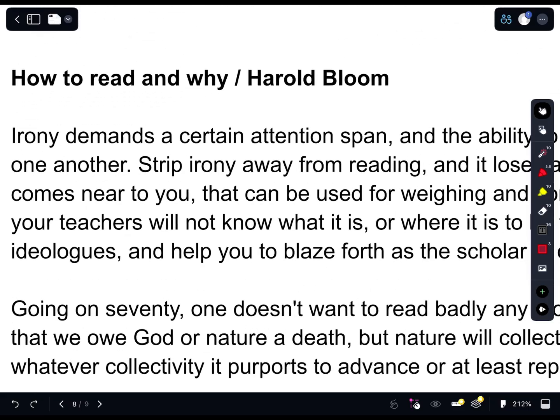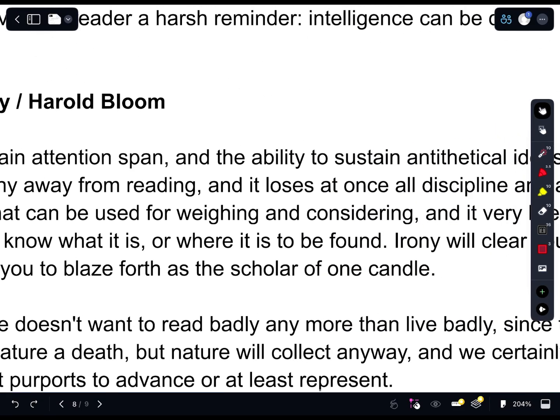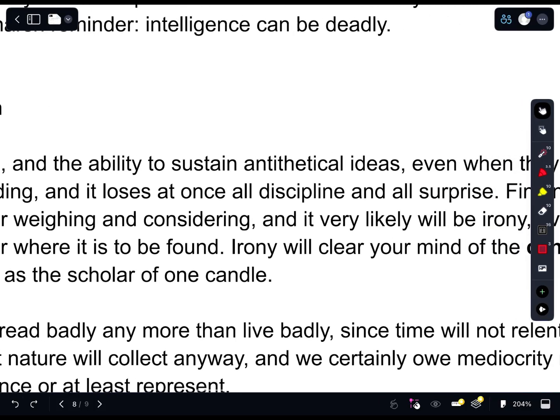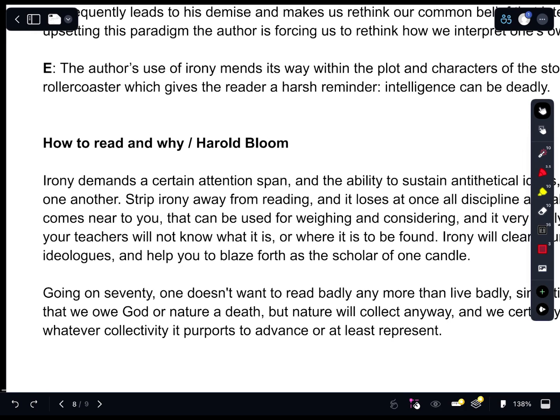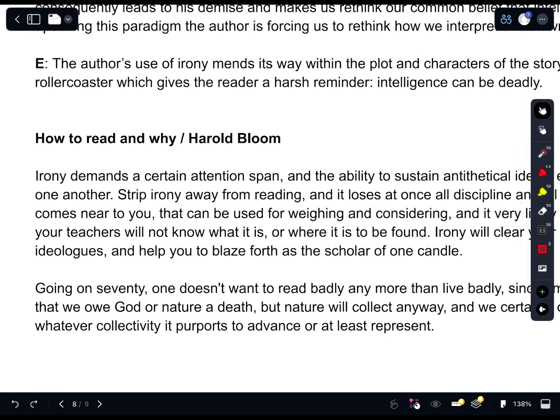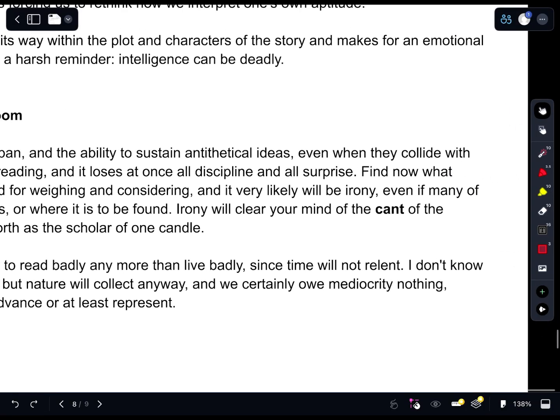I'll just read it here. Irony demands a certain attention span and the ability to sustain antithetical ideas, even when they collide with one another. Strip irony away from reading, and it loses at once all discipline and all surprise.